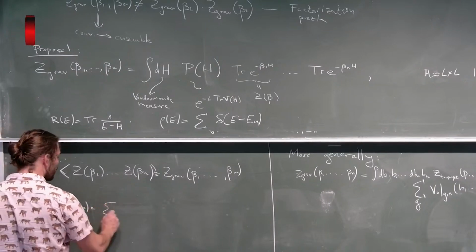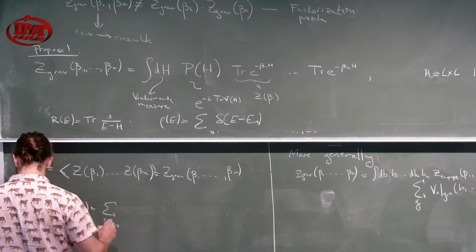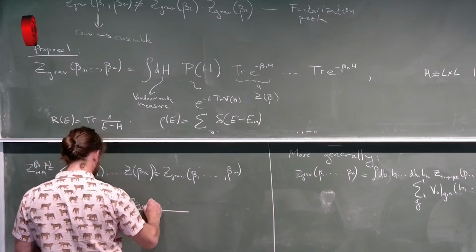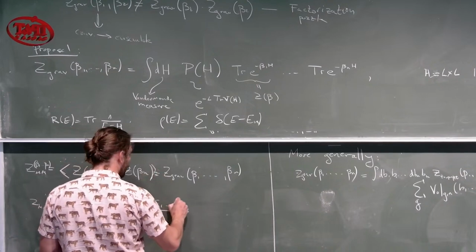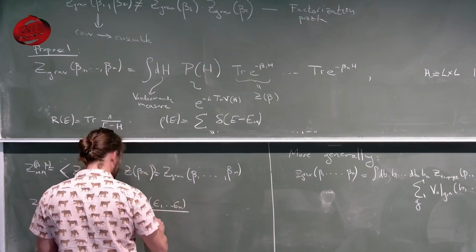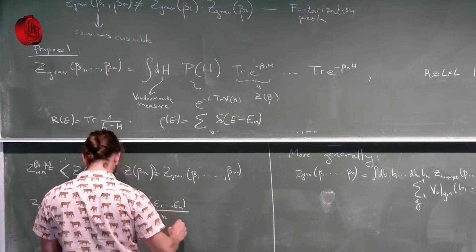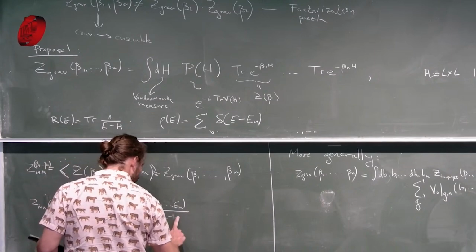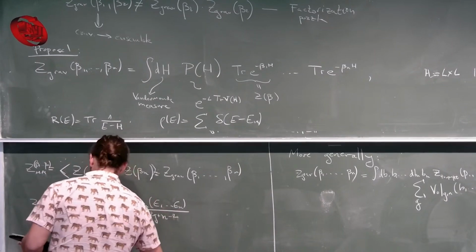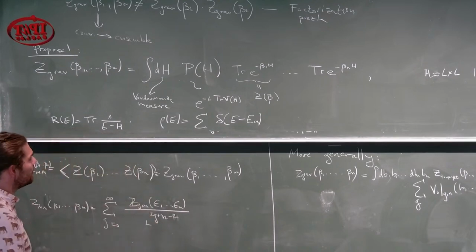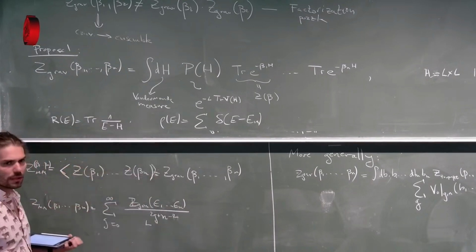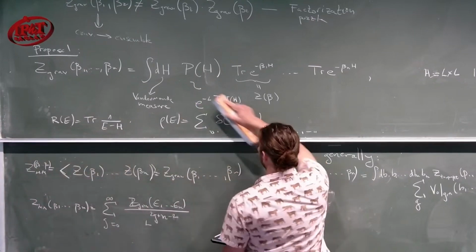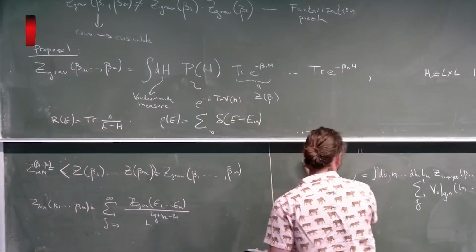In which Z can be written as a sum over G from 0 to infinity, Z_{G,n}(beta_1 through beta_n), L to the 2G plus n minus 2. And this can be obtained by literally doing the equivalent of Feynman diagrams when expanding around the saddle point of this integral for large L.